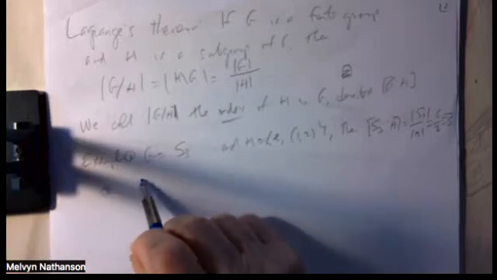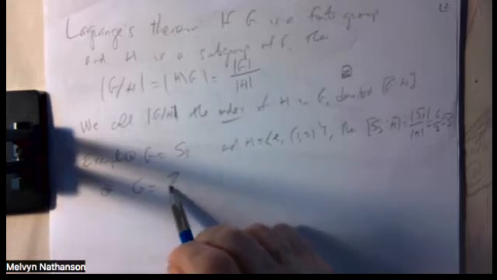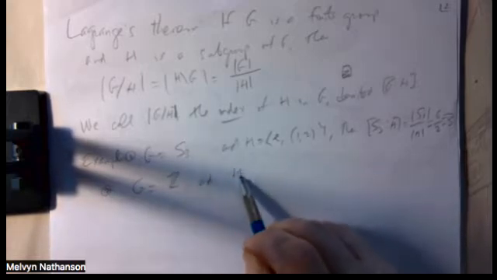If we take G to be the integers and H to be the set of all multiples of M, well, I'm sorry, this is a nice example, but I don't want to use that because this is an infinite group.